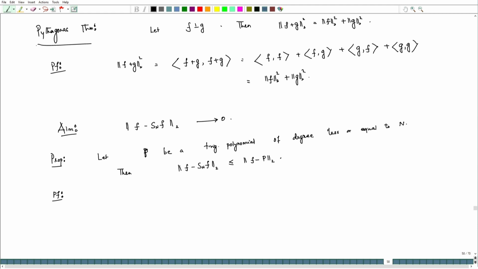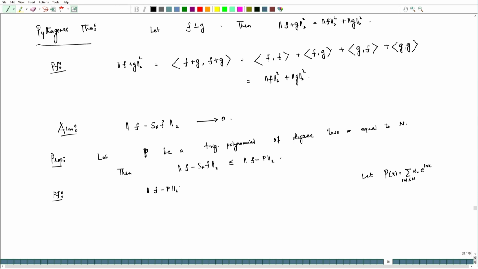Now, let us look at the norm of f minus p, where p of x is equal to the summation over mod n less or equal to n of alpha n e to the power i n x. That is how p is going to look, a sum of degree less or equal to n.